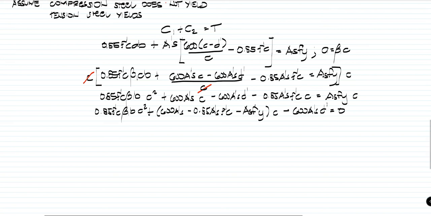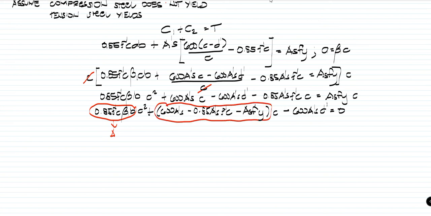Now, the first term should be A. Then this part will be B. Then this one, with the negative sign, will be the big letter C, so that is not the C that is our unknown.